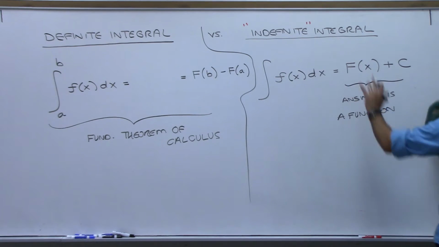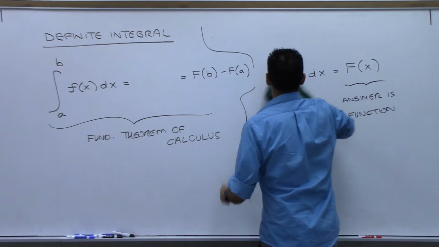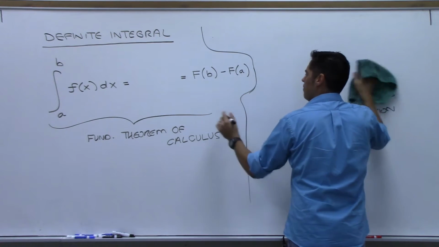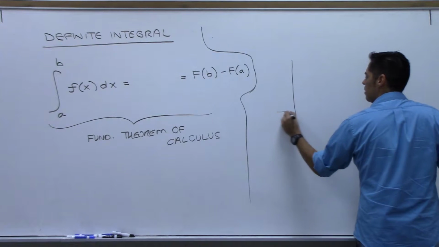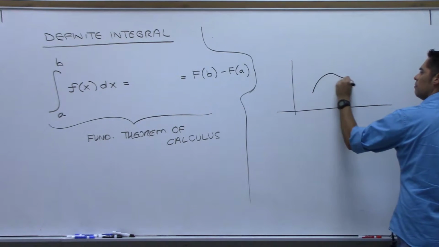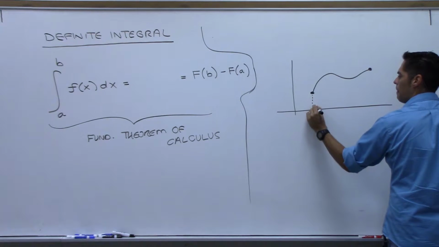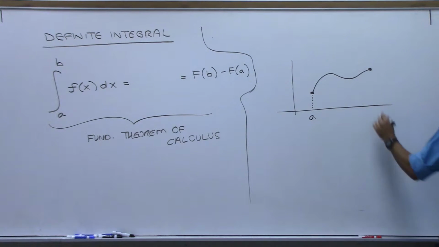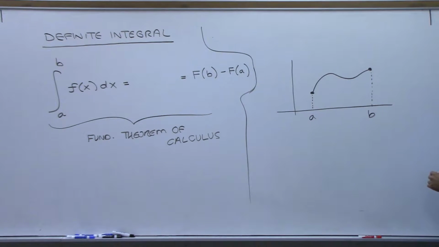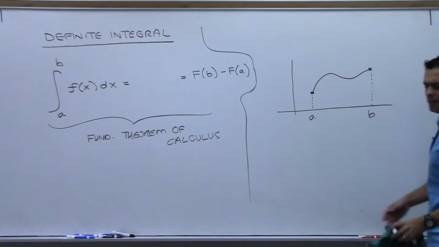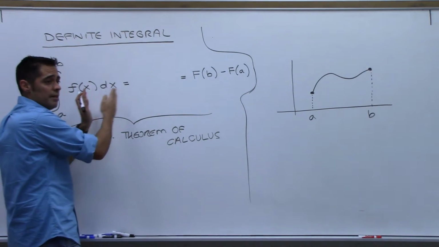I'm going to get rid of the indefinite so I can talk more about the definite. So what this means geometrically is that if you take some function, and you start at a left endpoint of a and end at a right endpoint of b, by finding the antiderivative, you still, look, we can't get away from the fact that you have to find the antiderivative.